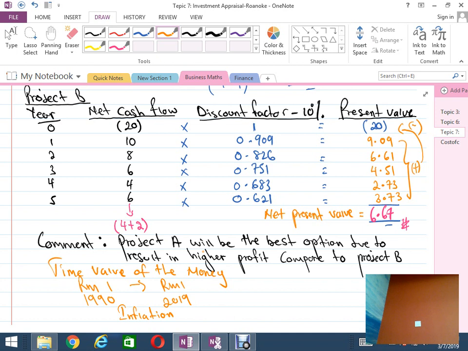Then you press equal. You get the first answer, correct? Don't do anything. Again, divide 1.1, press equal. Do you get the second one? Then just press equal again. Do you get the third one? Press equal.